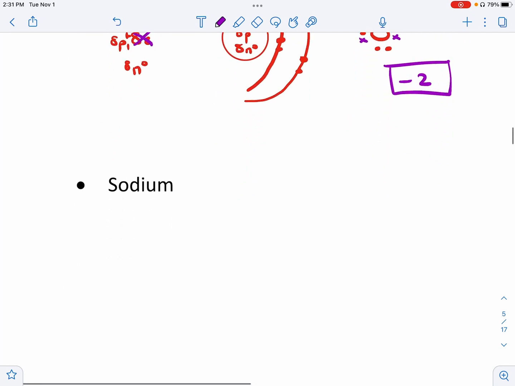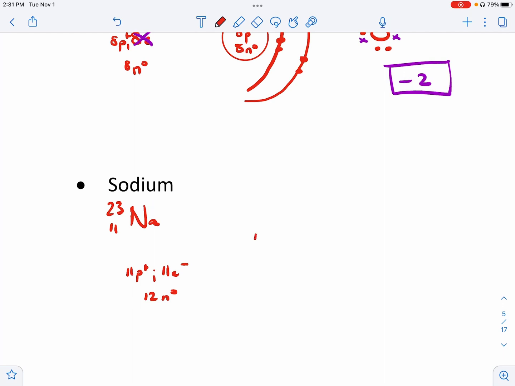Let's see what sodium looks like. We did this one yesterday, but we'll redo it. So we've got 23, 11 Na. All right, so 11 protons, 11 electrons currently, and 12 neutrons.